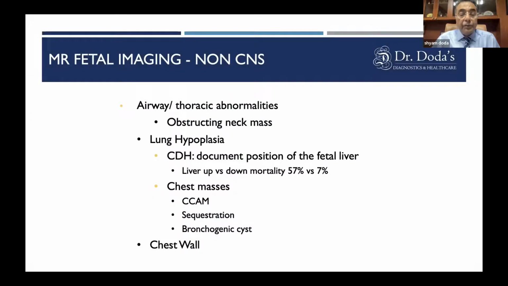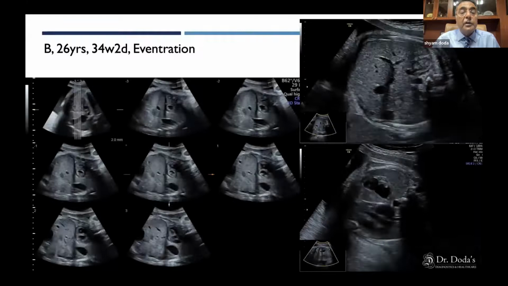Now, coming to one of the cases, 34 weeks, 2 days, she came to us for evaluation where the stomach bubble was seen in the chest at the level of the heart, as you can see right here. You can see the serial sections, and then the cross section, the stomach bubble is seen here, and the heart is seen here.